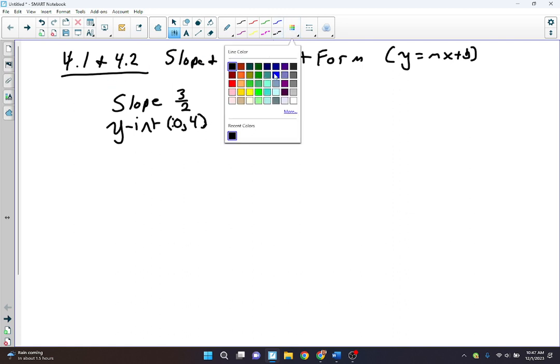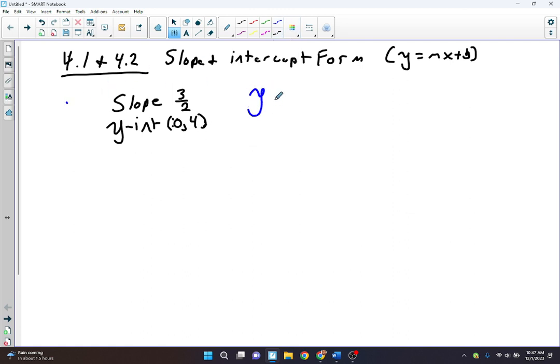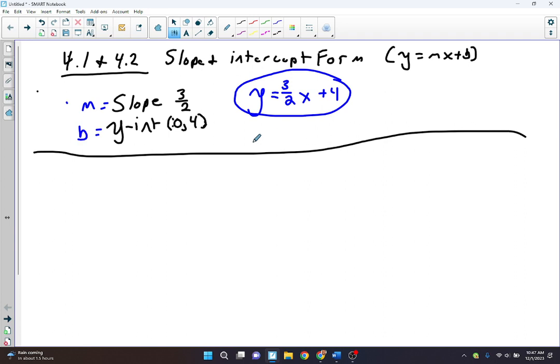There's no trick to it. Y equals, since this is the y-intercept, that is your b value, and since this is the slope, this is your m value. So y equals 3 over 2 x plus 4. Of course that's a straightforward one.